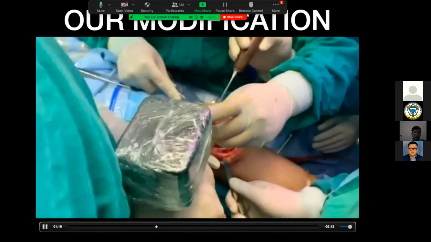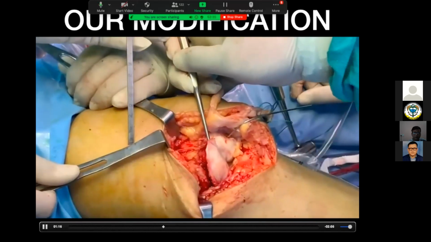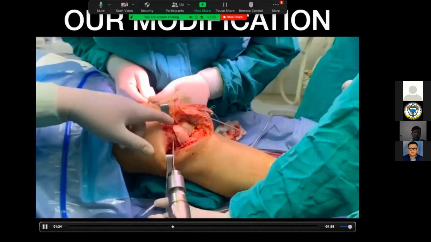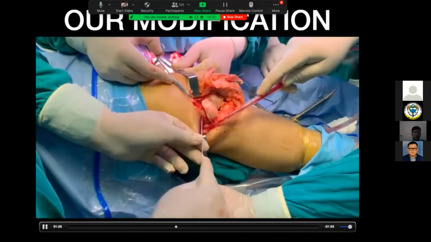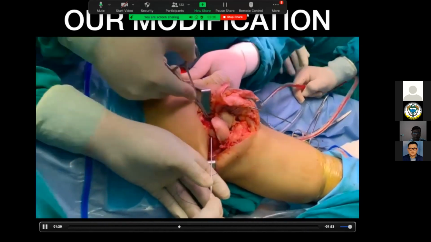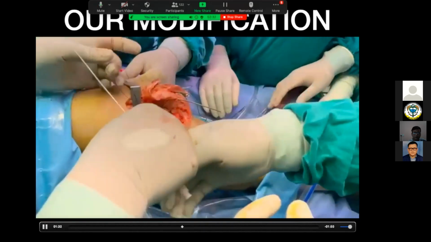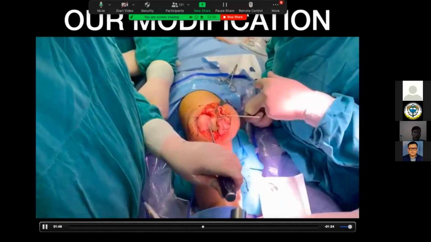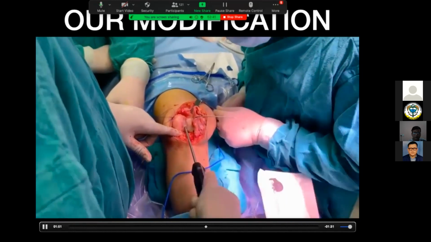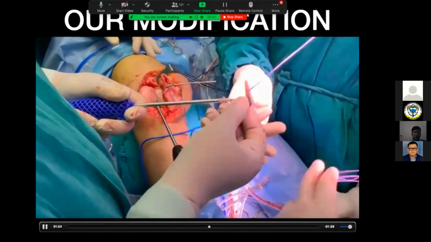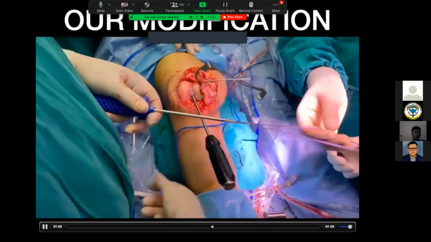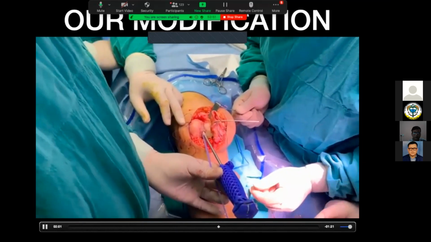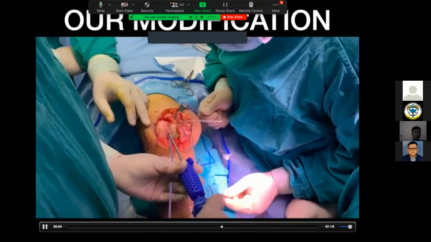So the bump is excised with the help of a saw, and now the new sulcus position is marked. Then the two tunnels are created, and the suture threads are being secured. Now what we do is we insert a knotless anchor with preloaded number 2 Vicryl sutures, and this knotless anchor is being deployed.